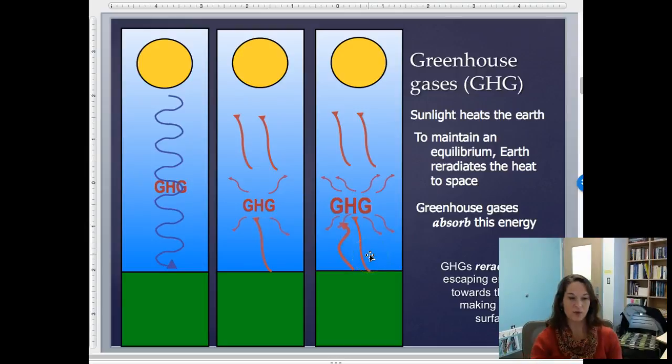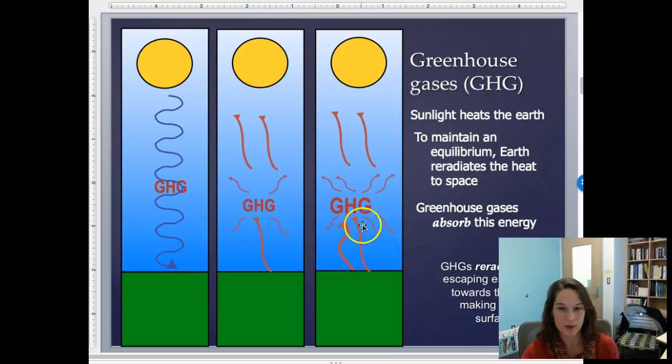And that greenhouse gas effect is what keeps our planet livable. If it were not for that effect, we would be living in a very, very cold, like negative 30 degrees Celsius planet. Not very hospitable. We could do it, but probably not conducive to life having evolved. So this greenhouse gas effect is what has enabled us to evolve on this planet, to live on this planet.